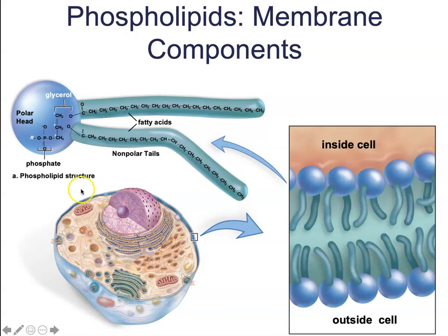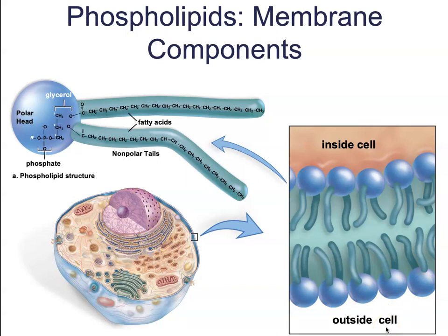Our cell membrane is actually not a single layer of phospholipids. It is in fact a double layer where we have phospholipids facing up and phospholipids facing down. We have phospholipids with the polar heads facing the inside of the cell and phospholipids with the polar heads facing the outside of the cell. And that's because the fluid inside of your cell is mostly water.